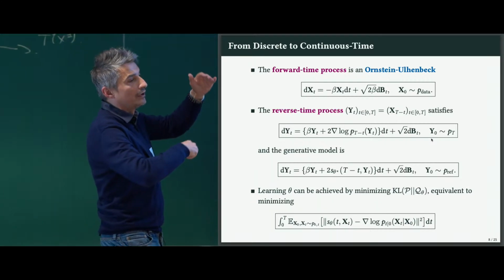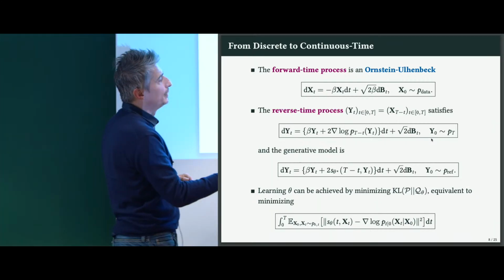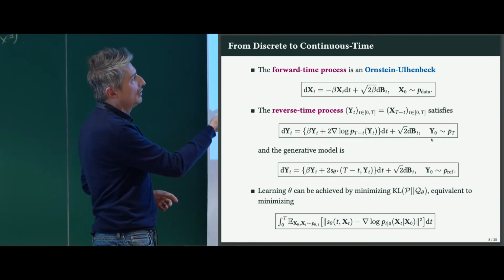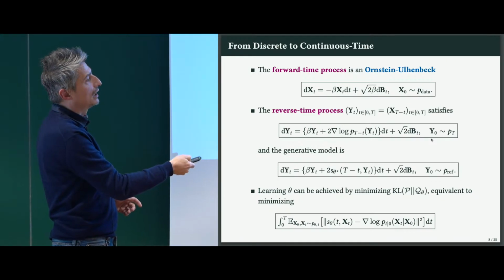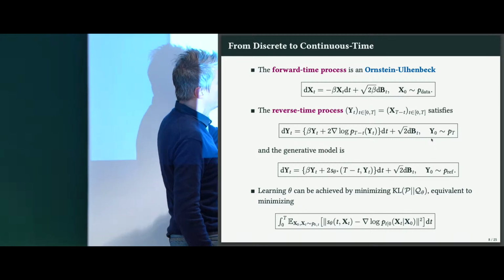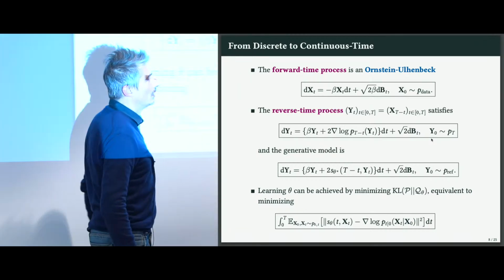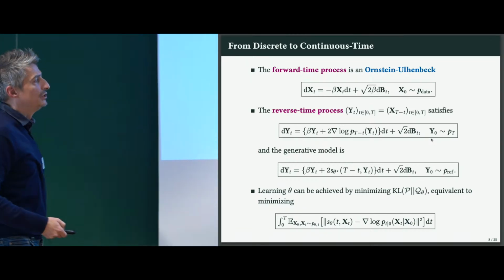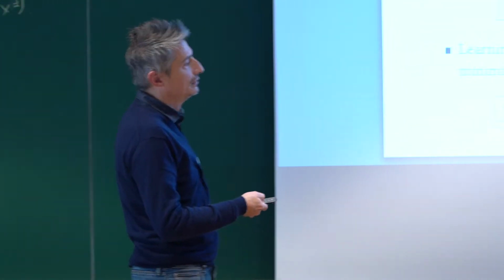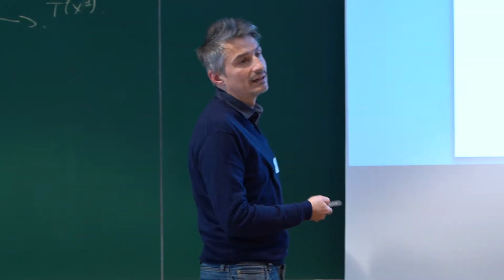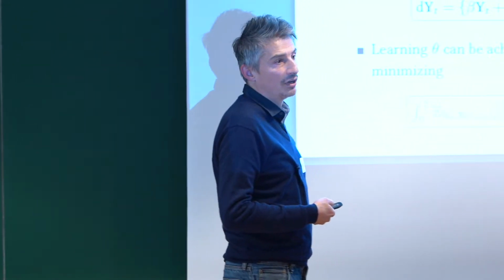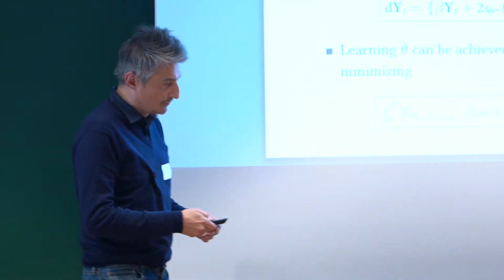You would like to find theta such that the induced path measure Q theta is closest to the true time reversal, in terms of Kullback-Leibler discrepancy. And it turns out that when you look at this Kullback-Leibler discrepancy and want to minimize it with respect to theta, it's equivalent to minimizing this expression, which is exactly the continuous time version of what I'd done before, okay?